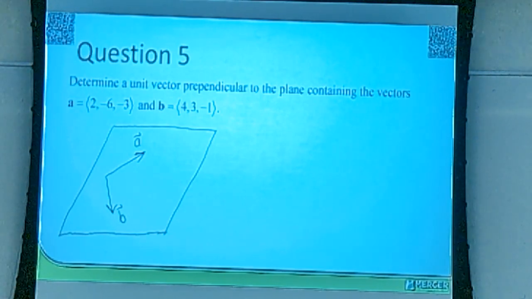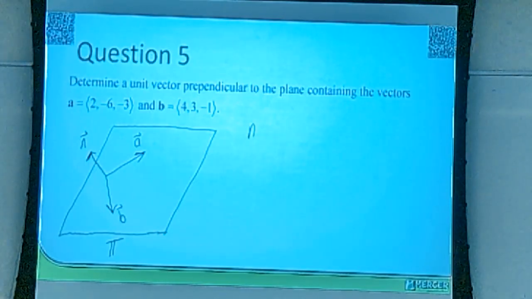A vector perpendicular to the plane would have to be perpendicular to both A and B. I'm going to call it N. I'm going to call the plane pi.